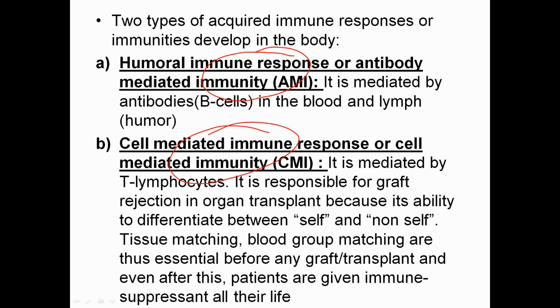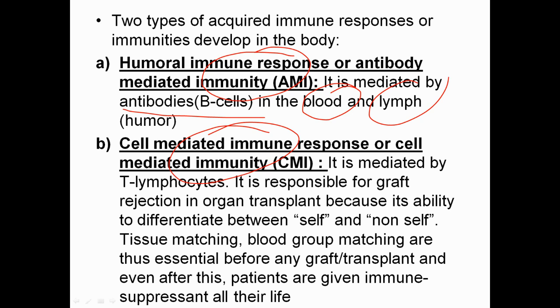So humoral refers to body fluid, and it is mediated by antibodies secreted by the B cells and transferred by the blood and the lymph. Cell mediated is carried out with the help of cells, that is T lymphocytes. And T lymphocytes are responsible for the activation of the B cells, either plasma type or the memory type.